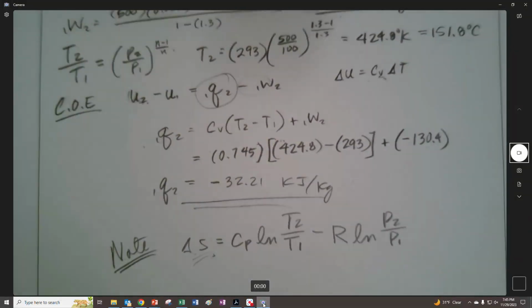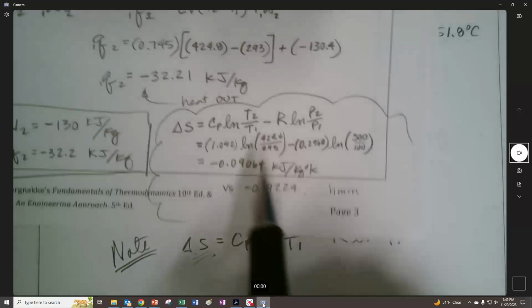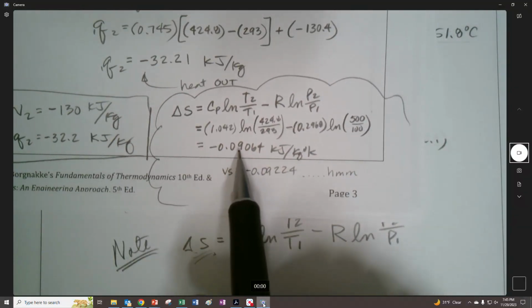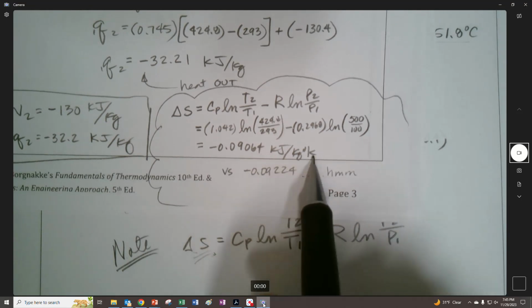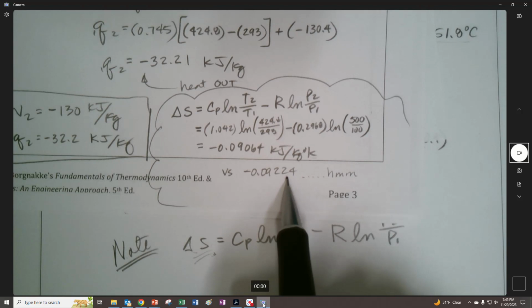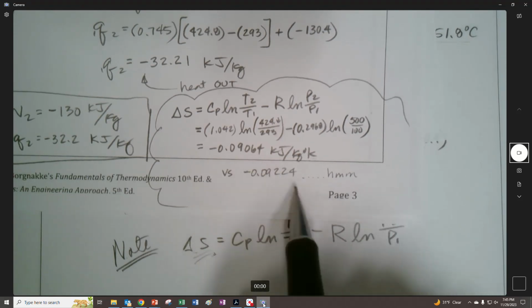I plugged them in and got a negative 0.09064, and then if I plugged into the one in the cheat sheet, I got a 0.09224. So slightly different.